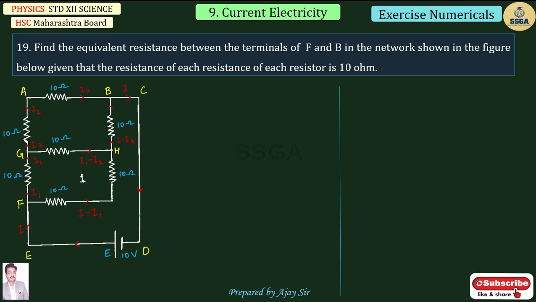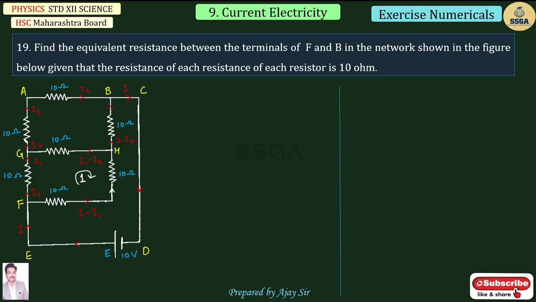Let us consider this is the first loop, and the direction of current flowing in this loop is this. So let us consider the current which is flowing in this circuit. So let us consider this is the current, and the same current will flow here in this arm.